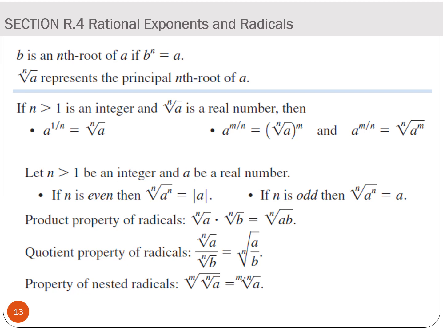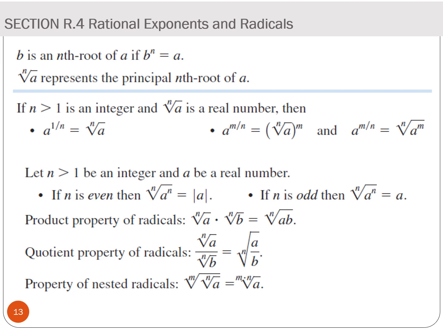For example, the square root of a squared is the absolute value of a. This is when n is even, you make sure you take the absolute value of a. If n is odd, you don't have to worry about it, so you can just write the nth root of a to the n is equal to a without the absolute value, because in this case there's only one nth root.